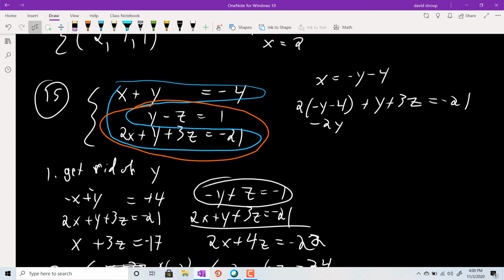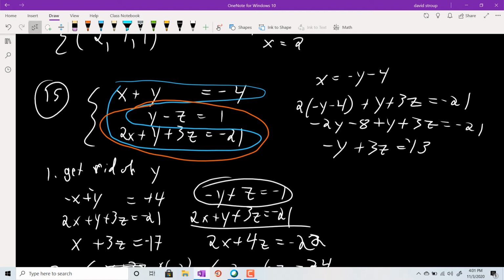So negative 2y minus 8 plus y plus 3z is negative 21. Negative y plus 3z equals, add 8, so that'd be negative 13.